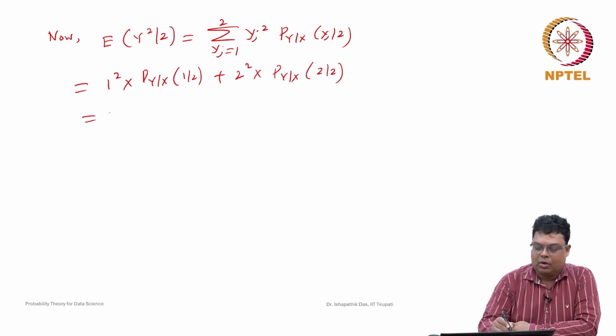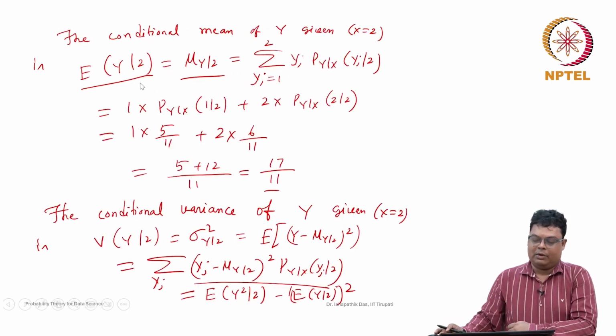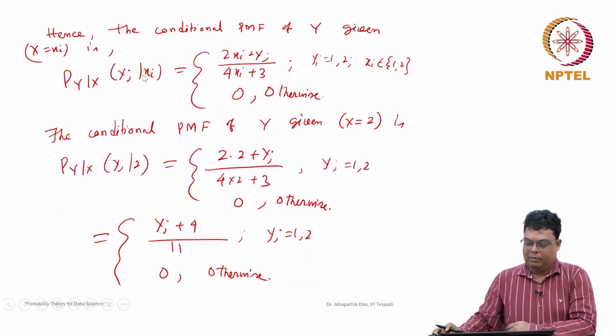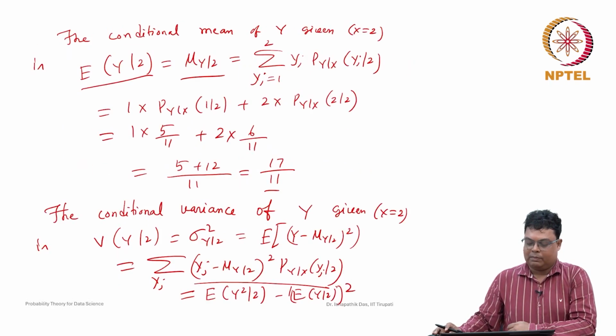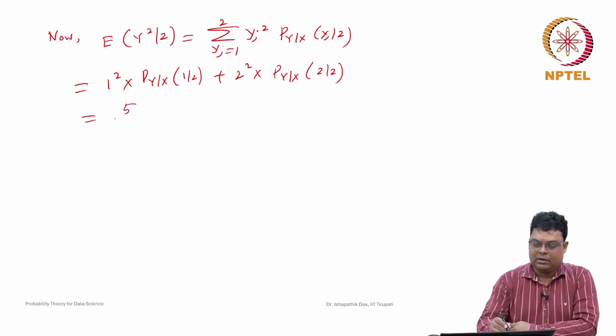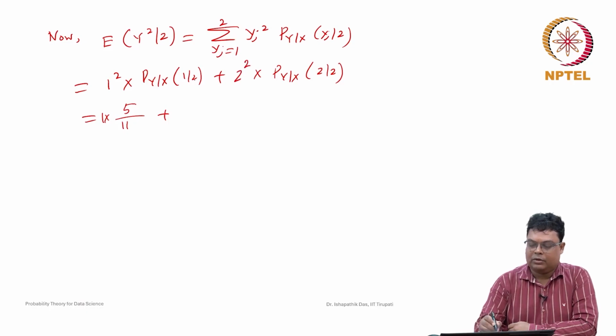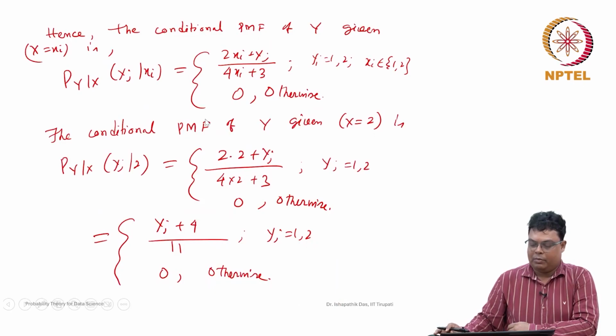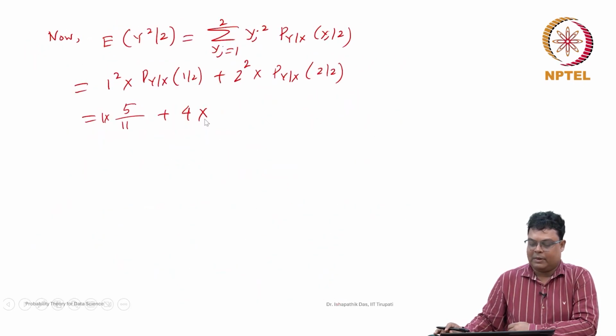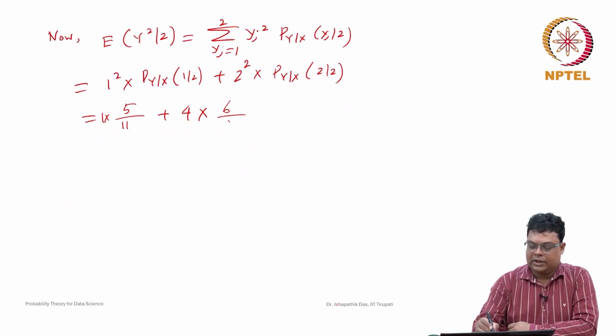Putting in the values, this is 1 into 5 by 11 plus 4 into 6 by 11.